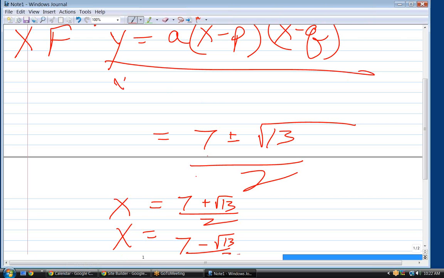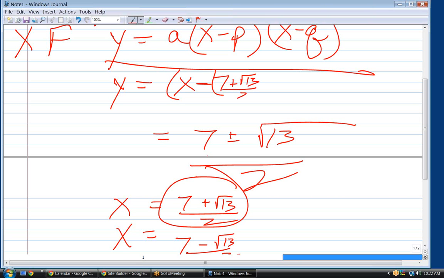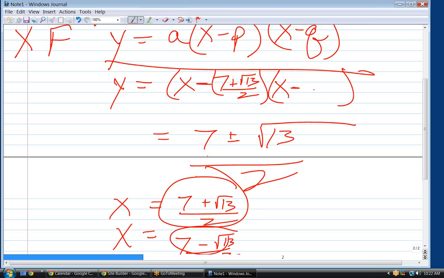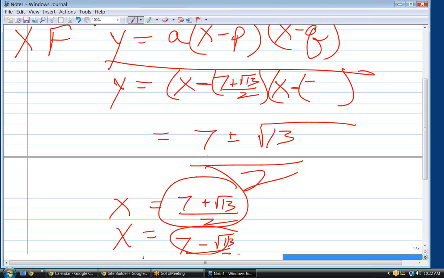Well, here's how it translates. There's no a, but it's x minus this 7 quantity, 7 plus root 13 over 2, times x minus the bottom answer, parentheses, 7 minus root 13 all over 2. Whoops, hold on.